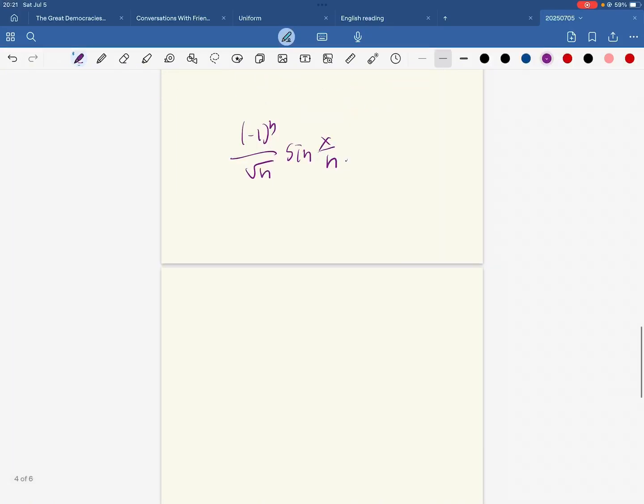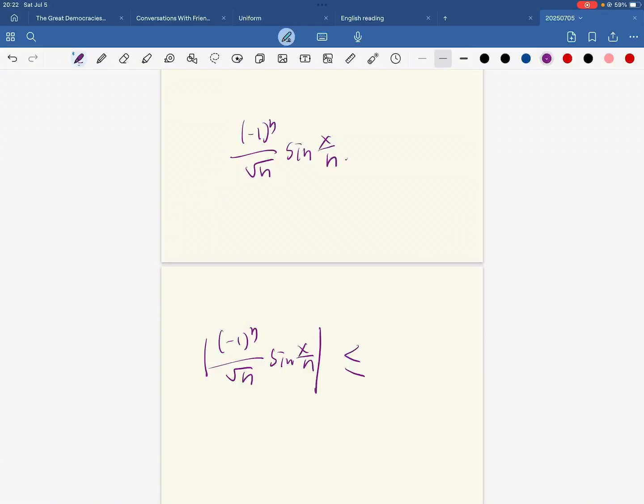We want to use the M-test for series to prove it's uniformly convergent, so we want to find an upper bound of it which is convergent.